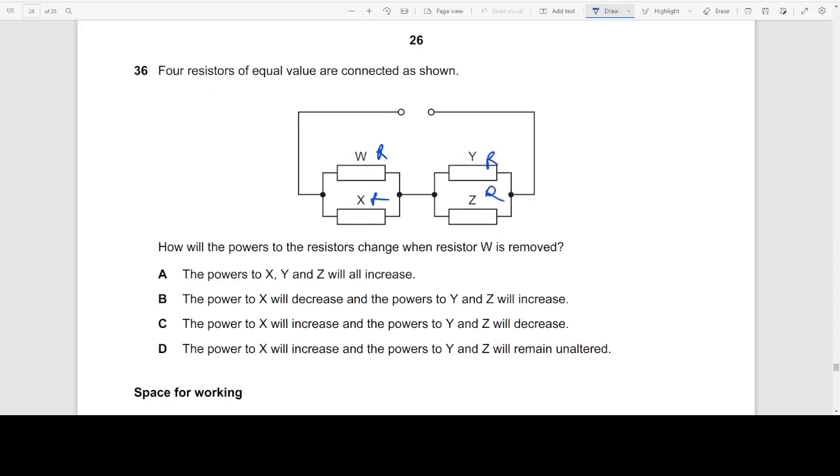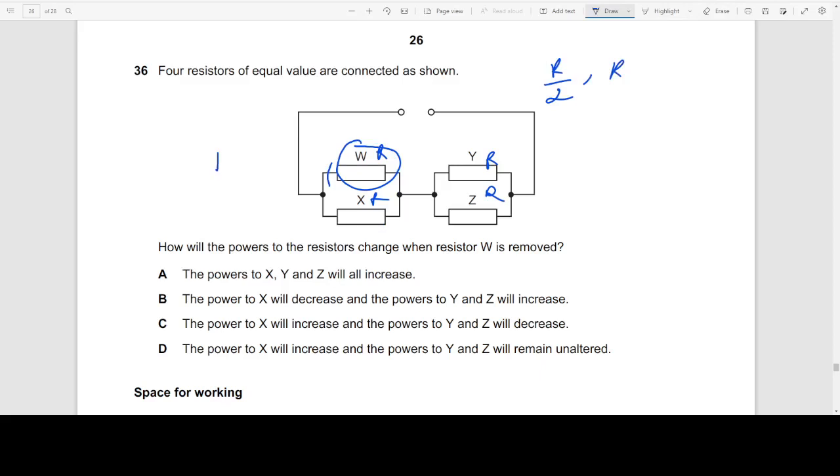So if this resistance is removed, the resistance of this W and X setup, this part, will now have a higher resistance, because initially the total resistance was R upon 2 because they were in parallel, but now the total resistance is just R due to X in the absence of W, which means the total resistance of the circuit will increase.